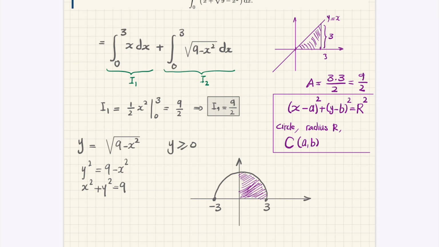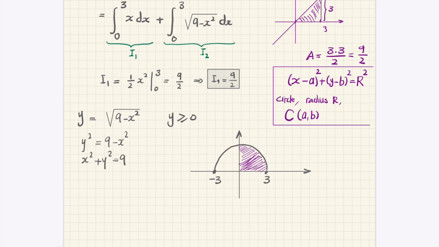Because this is a quarter of a circle, and we hopefully know the area of the circle. So I2 is 1/4 of the area of the circle whose radius is 3. You remember that the area of a circle is pi r squared.